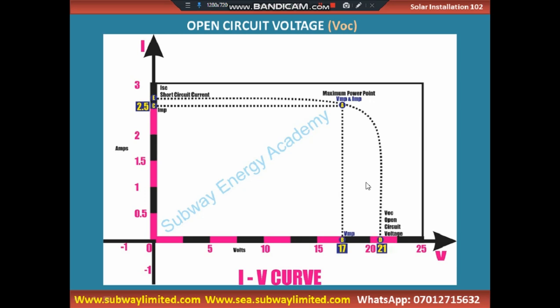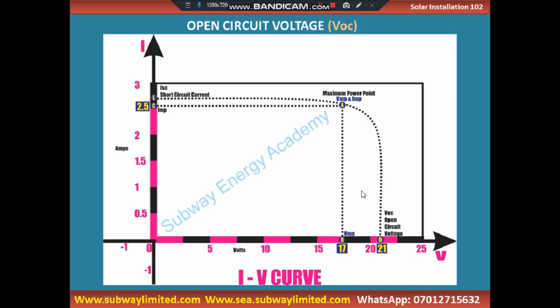Remember, we said that a 12-volt solar panel will always give you this range, and this is what you might likely have as the open circuit voltage and voltage at maximum power on the nameplate.